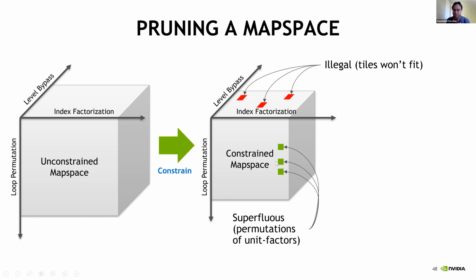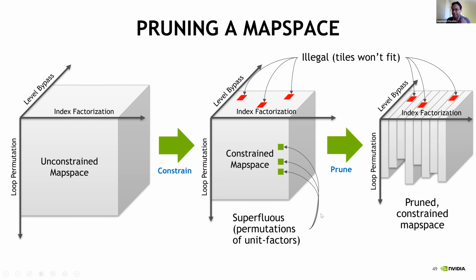There are also some superfluous mappings because there are certain factors that are one, and what ends up happening is that some permutations are basically trivial because they're permutations of one, so they don't make any sense. And so in that case, those mappings can actually be pruned, and that creates this sort of pruned and constrained map space, which is actually not a very clean hyperrectangle, but it works, and Timeloop actually uses this.